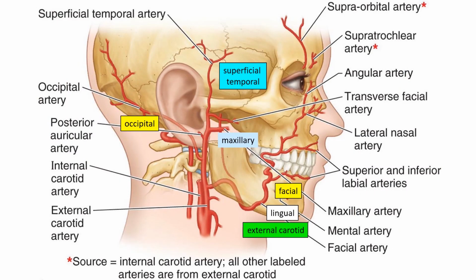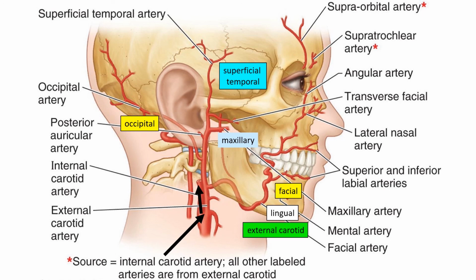This is the part of the story of the common carotid artery. Now, the common carotid artery is going to bifurcate, to divide into two arteries. The internal carotid artery is going to enter the skull and supply the brain and the meninges.